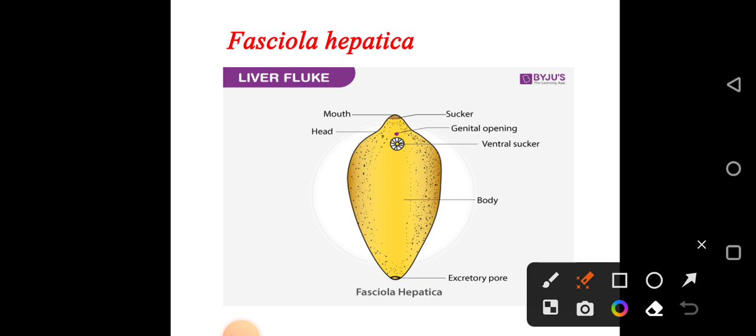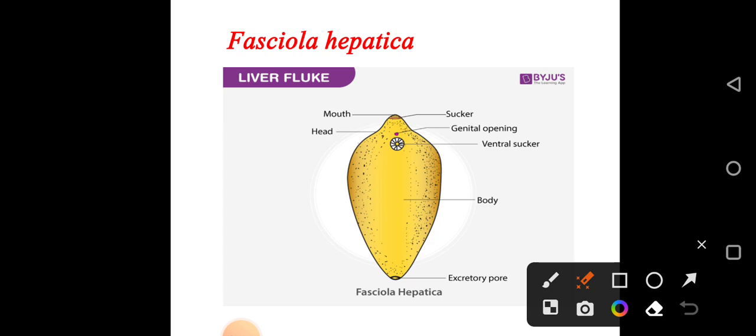Then the color of Fasciola hepatica. The color of this animal is usually pinkish. Transparency of the body wall enables the view of internal organs like vitelline glands along the lateral margins and the alimentary canal in the center. Then the oral cone.